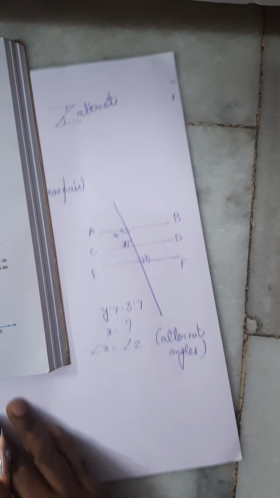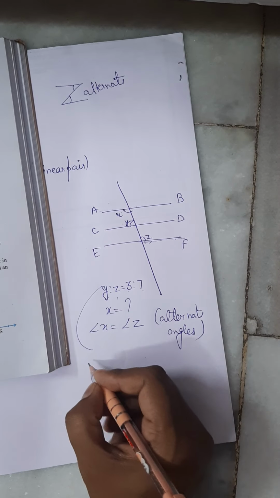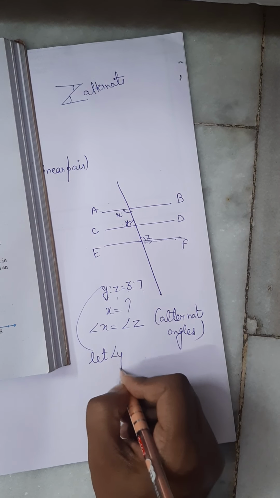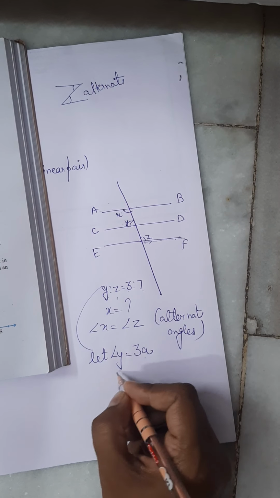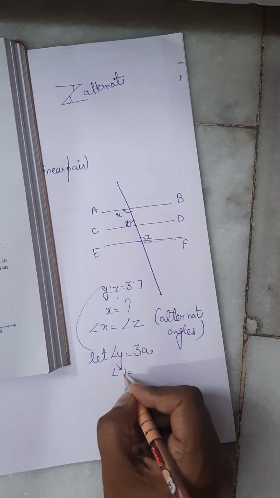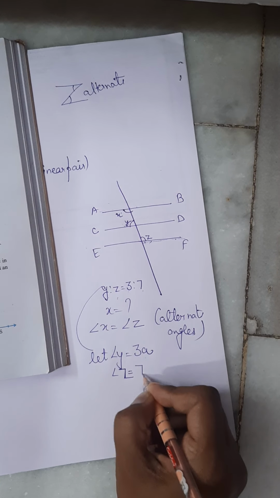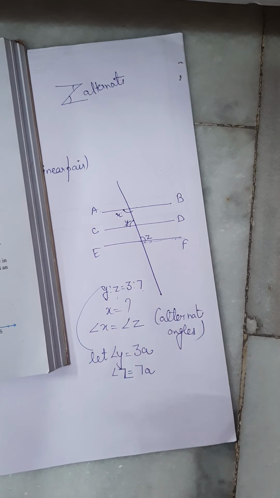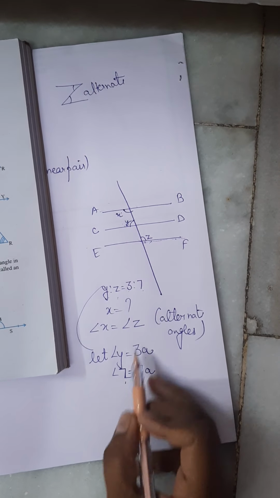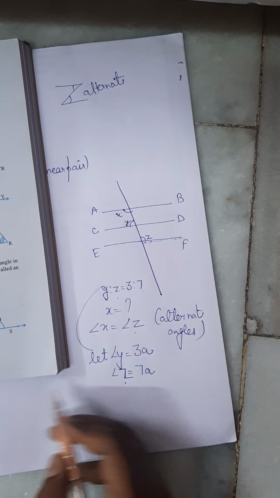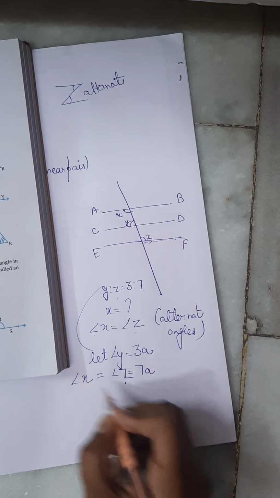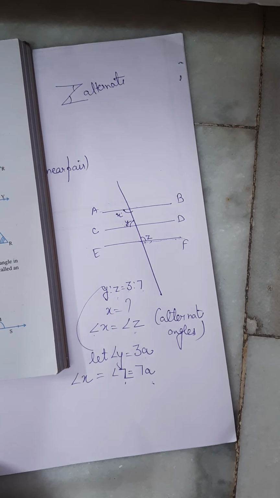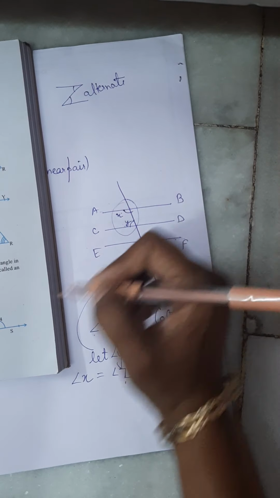What else can we do? y is to z, so let angle y be 3a and angle z be 7a. Correct? Now angle z is also equal to angle x. So we can say that angle x is also 7a. And what is the relation between these two angles?